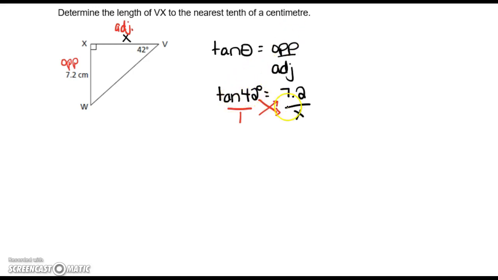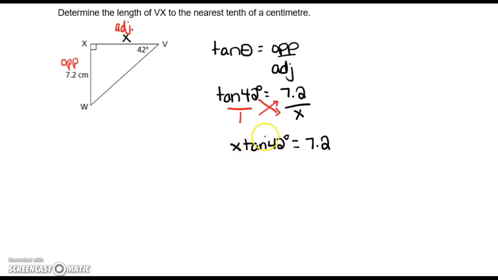So we have tan of 42 times x, which I'm going to write as x times tan of 42. I typically always write the variable out in front so we don't get it confused with the ratio itself. That's equal to 1 times 7.2, which is just 7.2. Now that x is in the top, we need to work on getting it by itself.